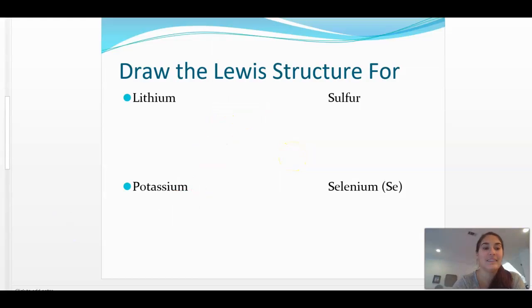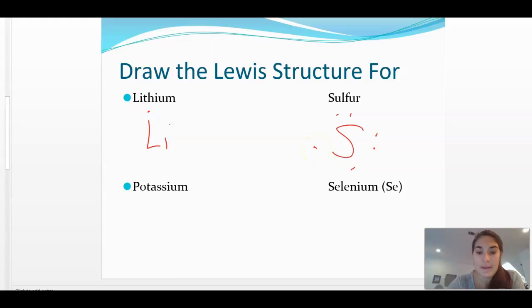All right, so real quick, lithium ends in 2s1, sulfur ends in 3s2, 3p4. So 1, 2, and then 1, 2, 3, 4. Lithium lost its dot.